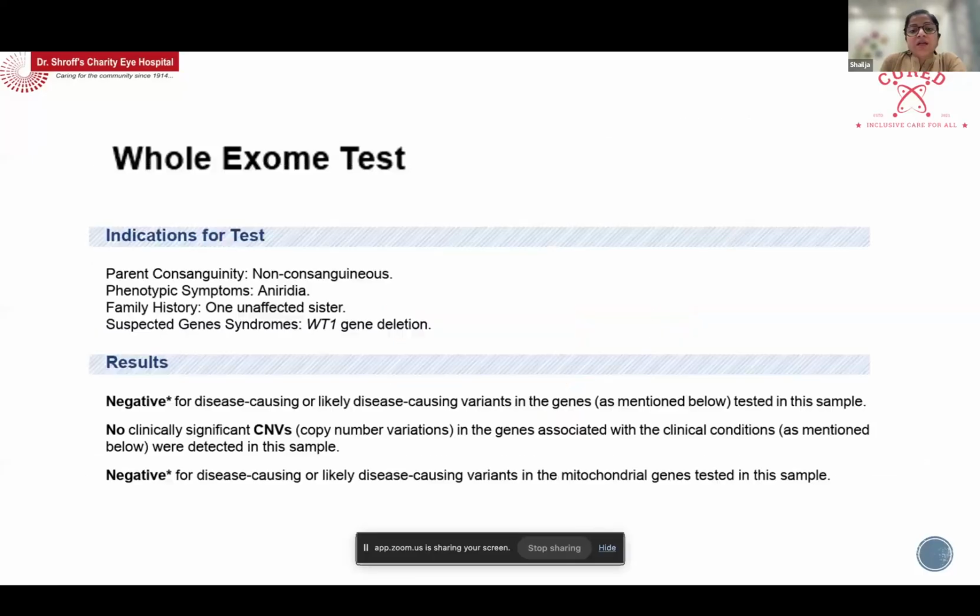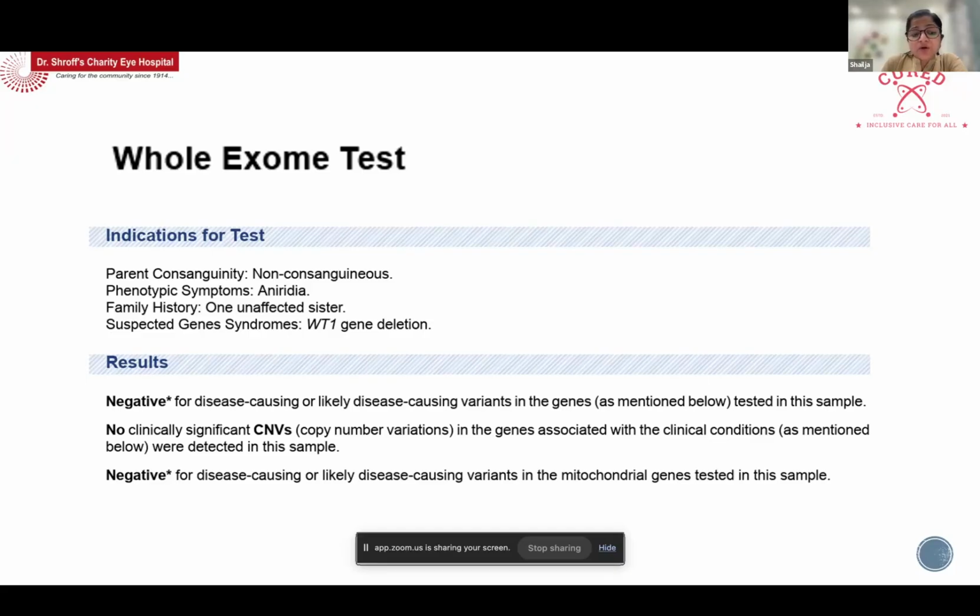So taking that into mind, we ordered the whole exome test for this patient, and again, to our disbelief, we got a negative report. Now, is it really disheartening? Did we do everything all right here? Why is this report negative? Is it really significant?